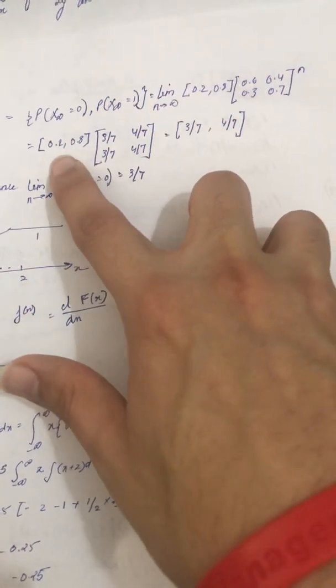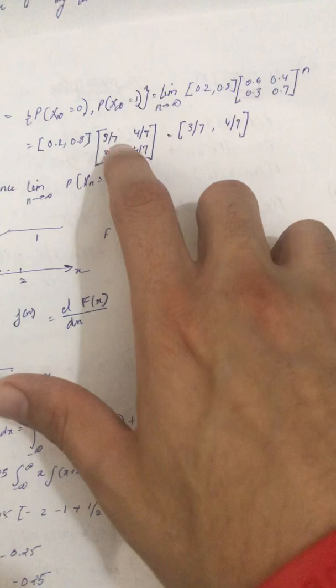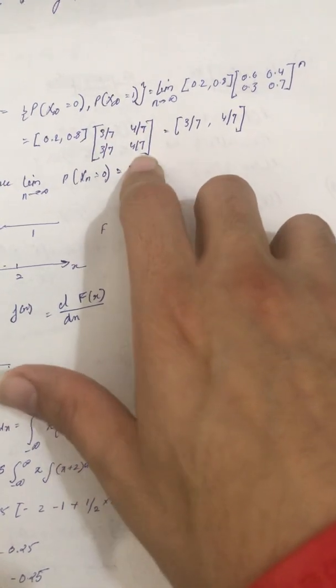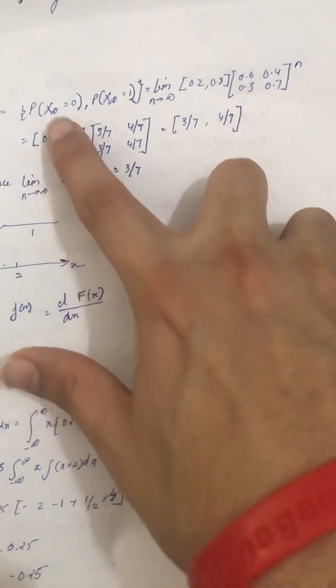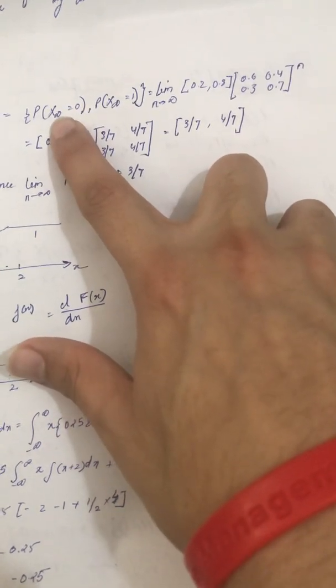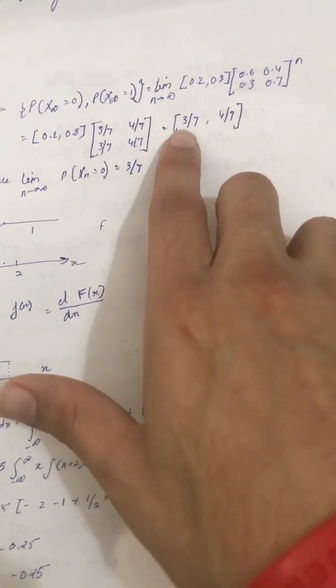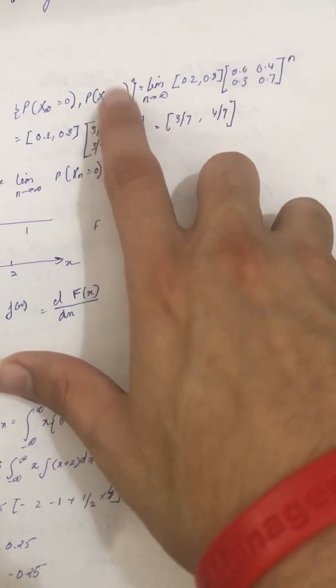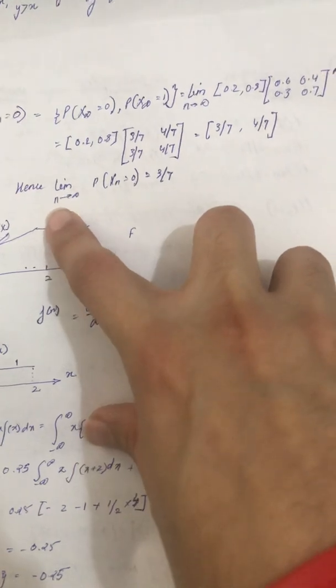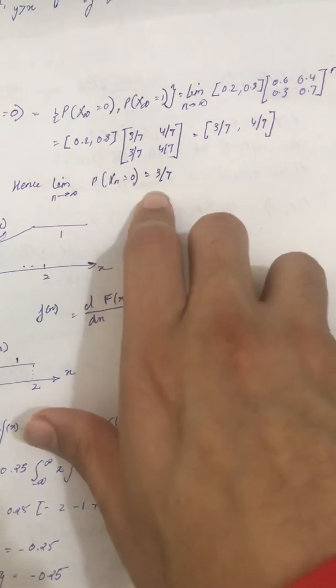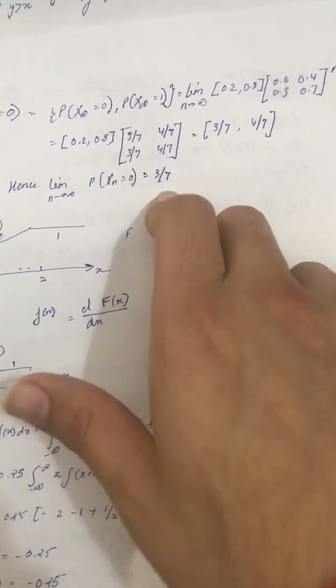This gives us (0.2, 0.8) times the matrix with rows 3/7, 4/7 and 3/7, 4/7, which gives 3/7 and 4/7. So the probability of x infinity equal to 0 is 3/7 and the probability of x infinity equal to 1 is 4/7. Hence, the limit as n tends to infinity of the probability of xn equal to 0 is 3/7.